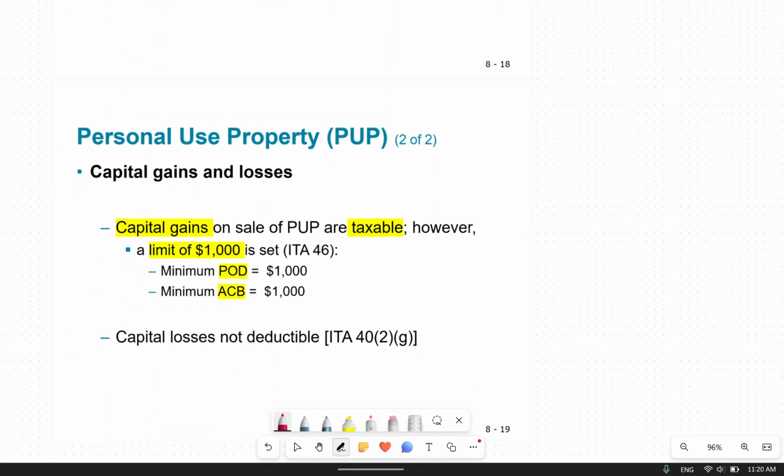Deemed capital gains on the sale of personal use property are taxable. However, there is a limit. The ACB minimum will be 1,000. Your proceeds minimum will be 1,000. In other words, in order for you to have a capital gain, you have to make more than that.